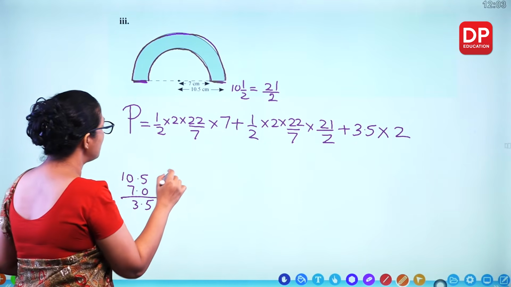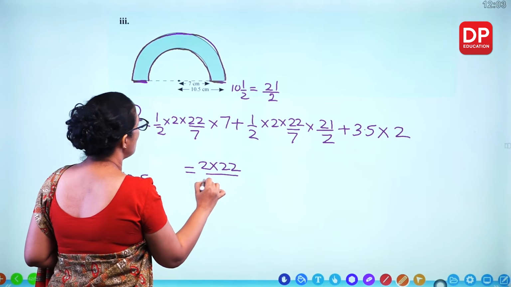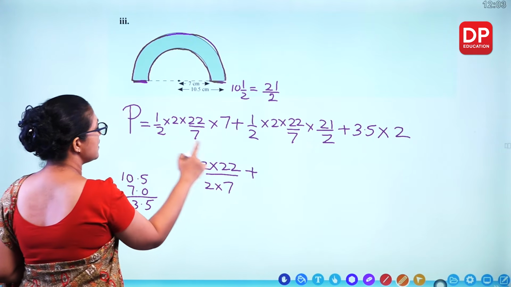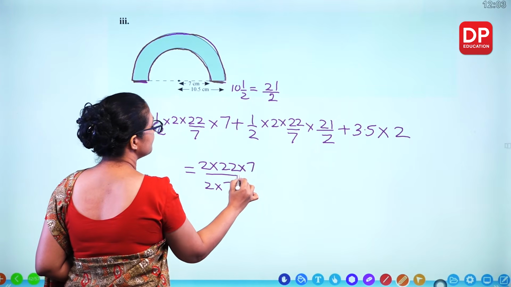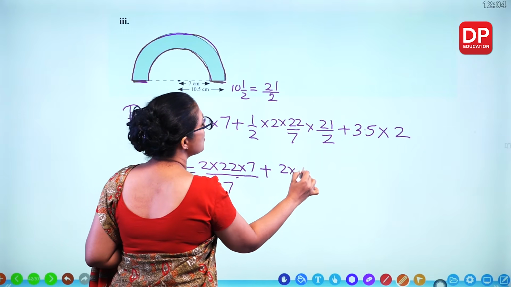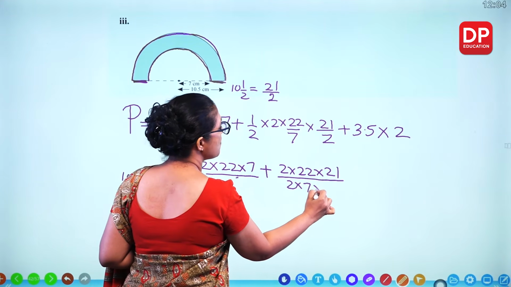Now we'll do the simplification. 2 times 22 over 2 times 7. And here 7 also is there. This one, 2 times 22 times 21 over 2 times 7 times 2.